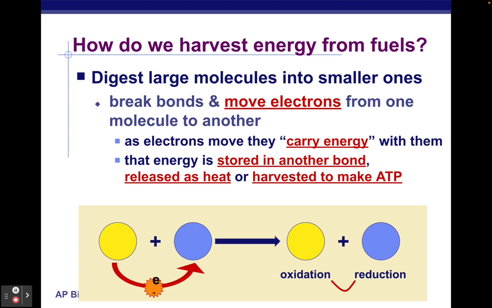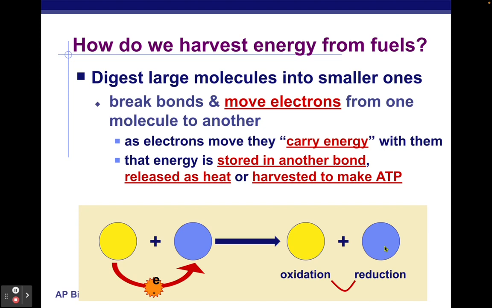Oxidation and reduction reactions always occur together. Therefore, we refer to them as redox reactions. If you've ever had chemistry, or if you're in chemistry, you're going to learn about this a lot. So please remember, yellow has lost an electron, it's oxidized. Blue has gained an electron, it's reduced. This is really important throughout.